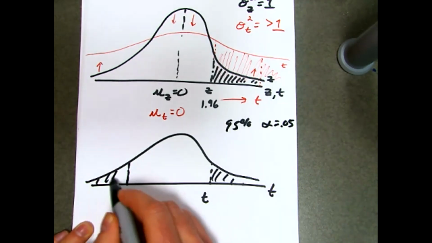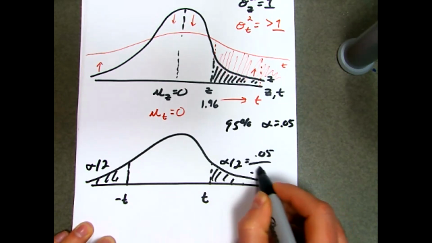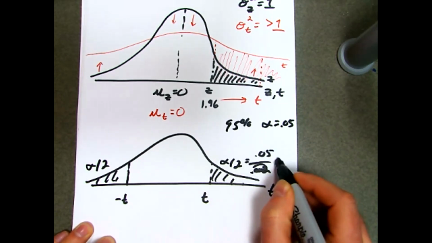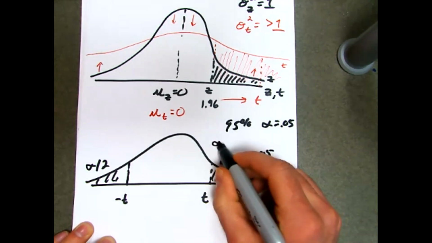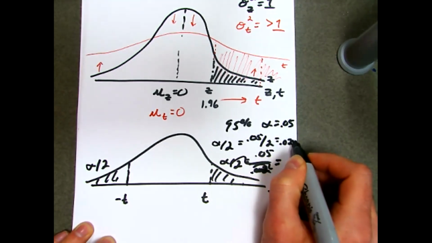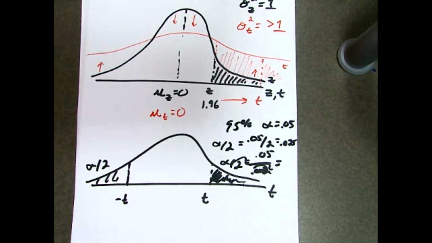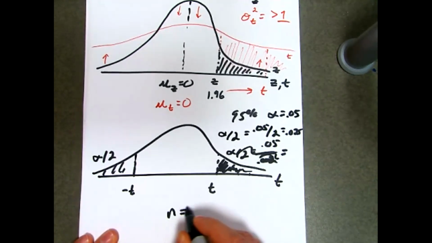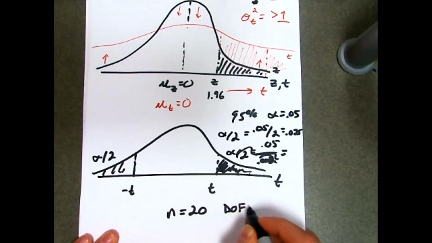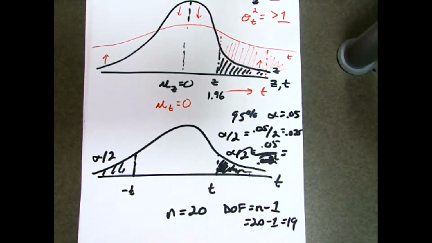So the area in each tail, alpha over 2, is 0.05 divided by 2, which is 0.025. So I want to find the t value that gives me 0.025 in the upper right tail. Let's say my sample size is 20, which means my degrees of freedom, n minus 1, is 20 minus 1, or 19.